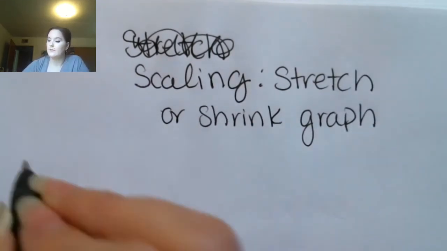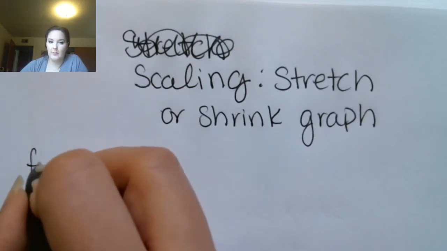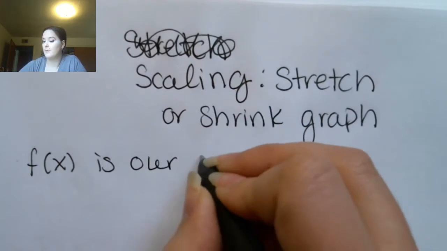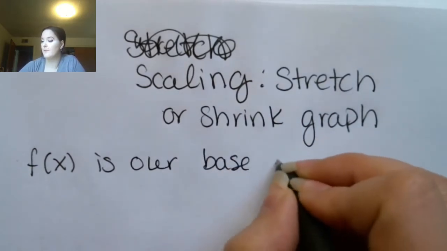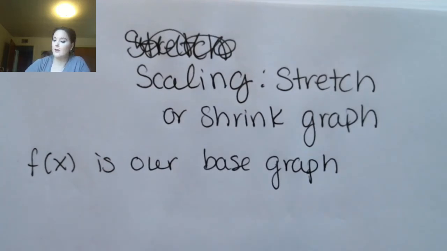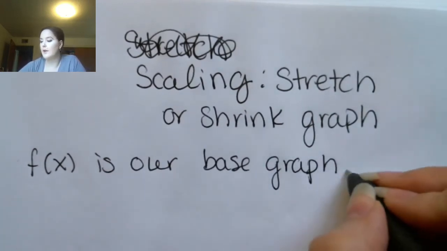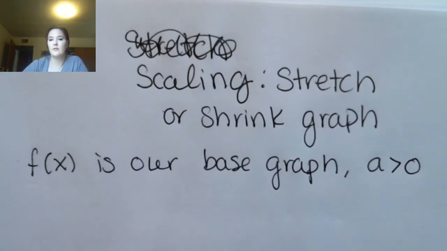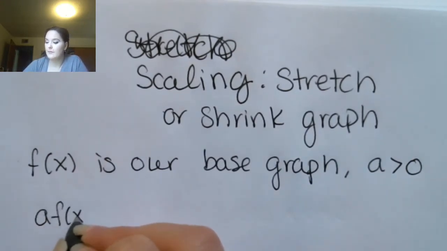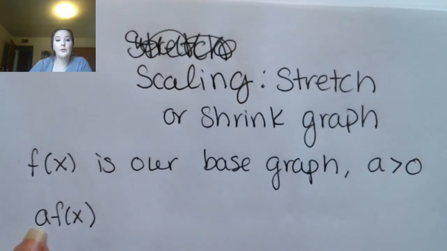All right, so again, we're going to have our base graph, and we're going to have a number a that is positive. When you have a multiple, and we saw this with the parabolas, it affects the y coordinates of the key points.